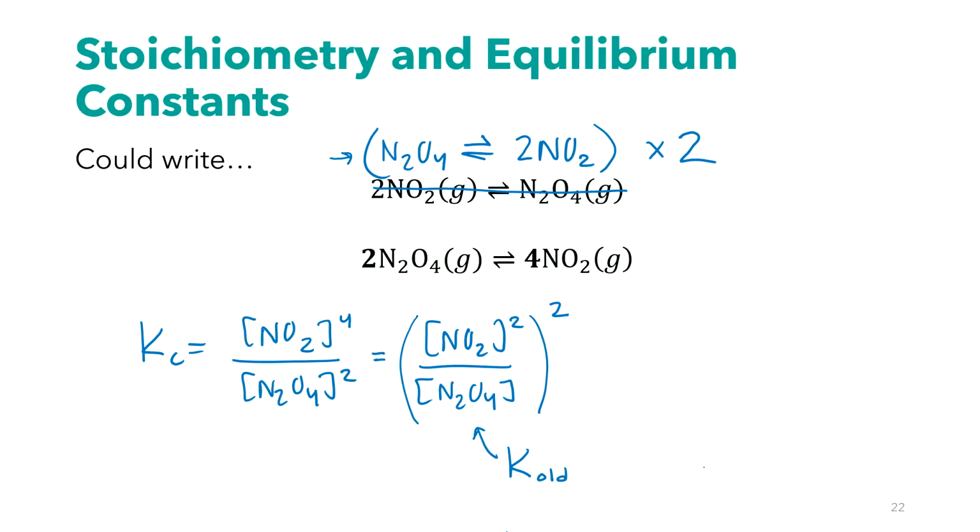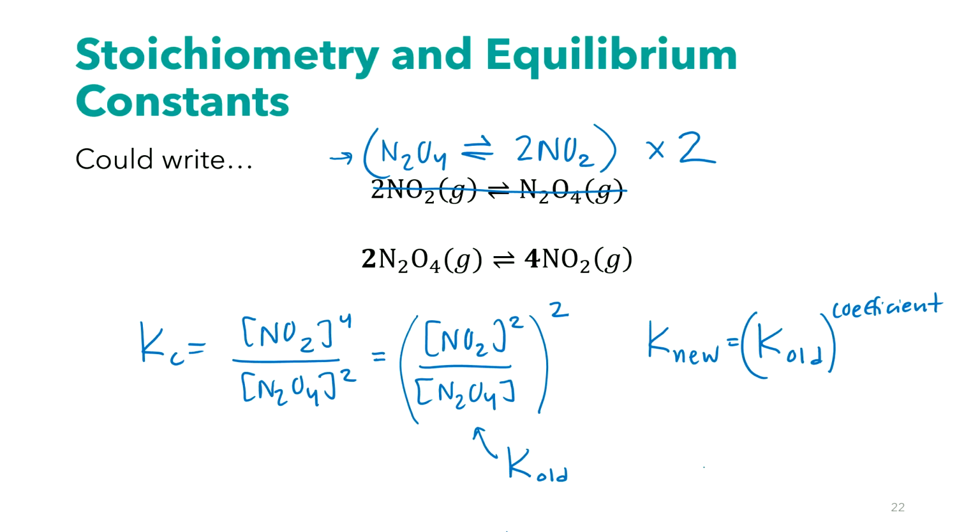So I have this new relationship: if I multiply by a constant, I'm going to take my old equilibrium constant and raise it to that coefficient. In this case, it was a 2. So my K old squared is my new Kc, because I multiplied through by 2.